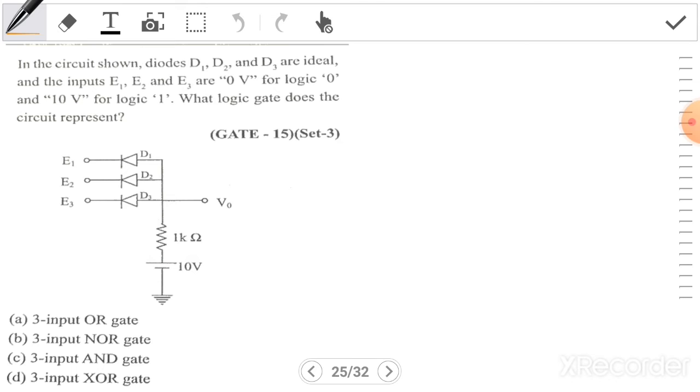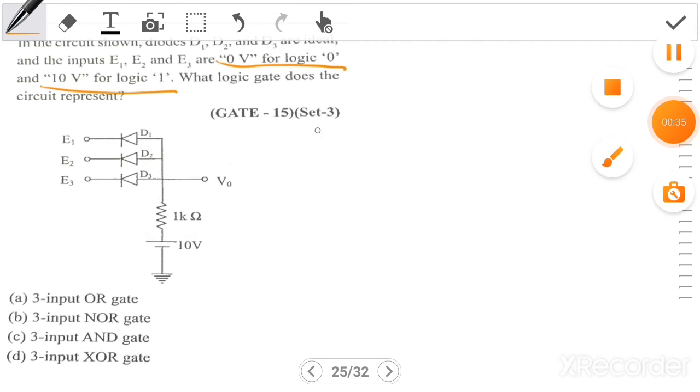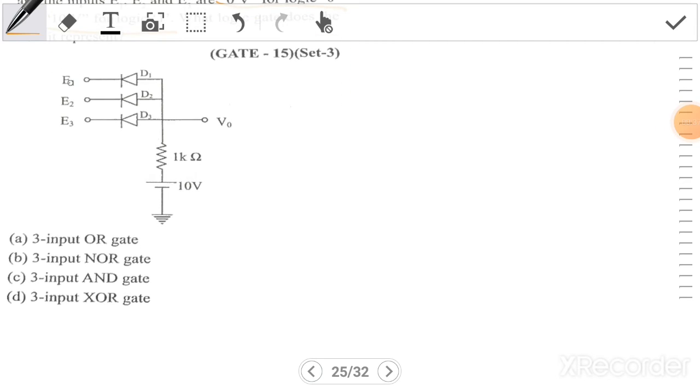In the circuit shown, diodes D1, D2 and D3 are ideal and the inputs E1, E2, E3 are 0 volt for logic 0 and 10 volt for logic 1. What logic gate does the circuit represent? See here, if E1, E2 or E3 is equal to 0 volt, then the corresponding diode will be on, because of that V0 will be 0.